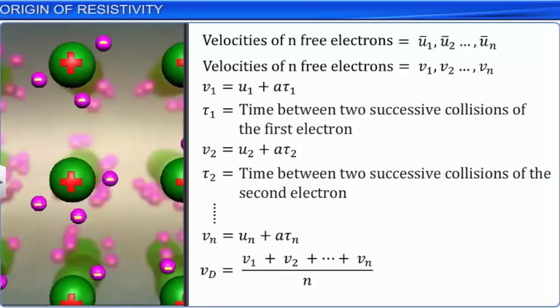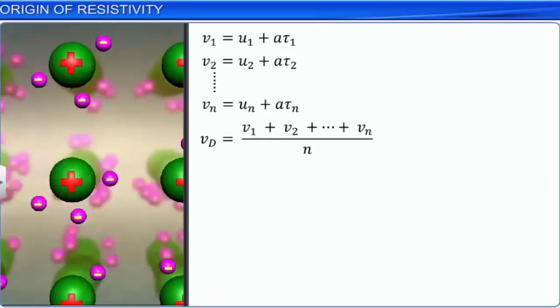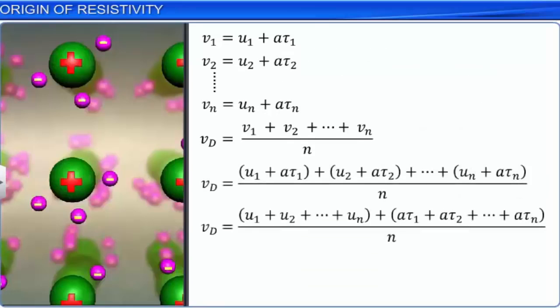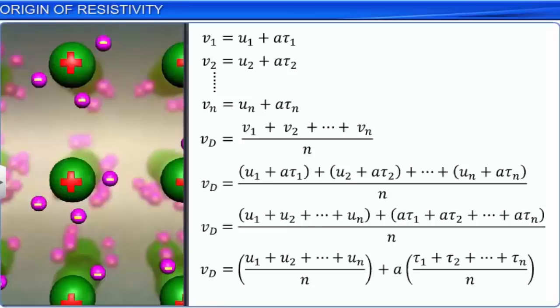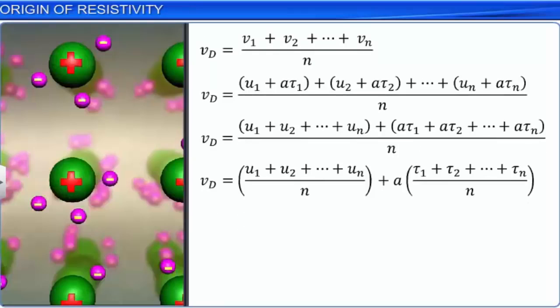Substituting the expressions for v1, v2, and so on till vn in the expression for vd and simplifying, we get vd is equal to u plus a into tau.